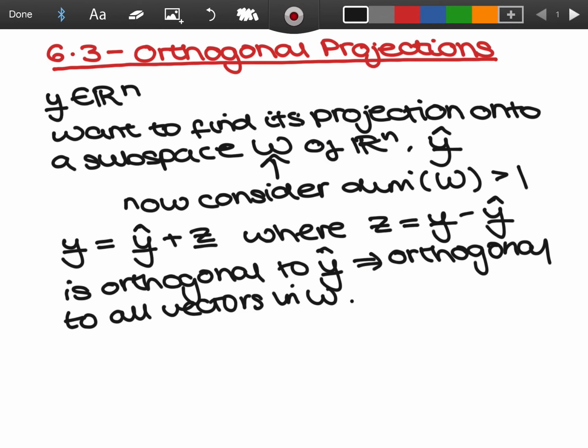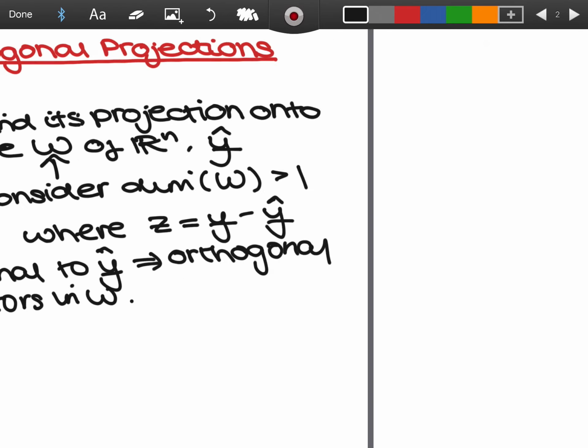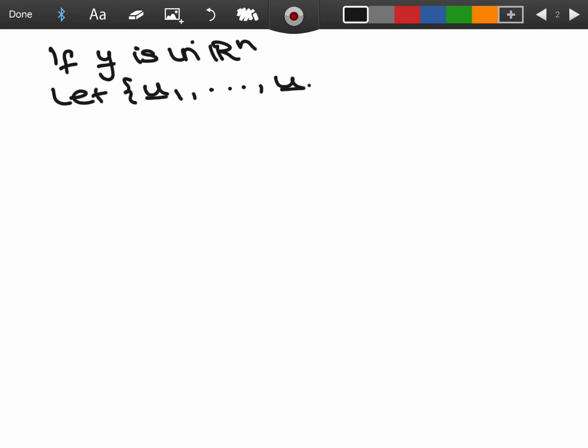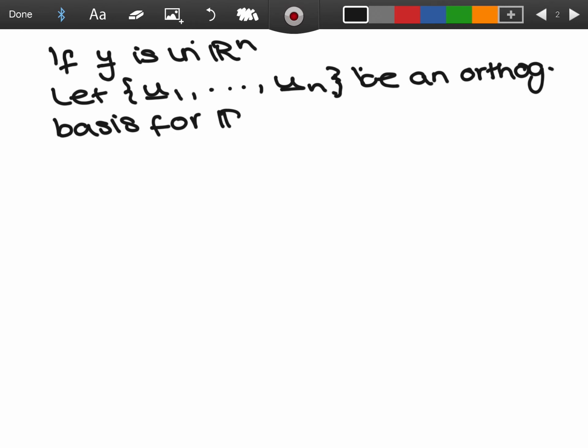So if you remember, we can write y in terms of this orthogonal basis. Let's say that this time y is in Rn. So if y is in Rn, we're going to let u1 up to un be an orthogonal basis for Rn.